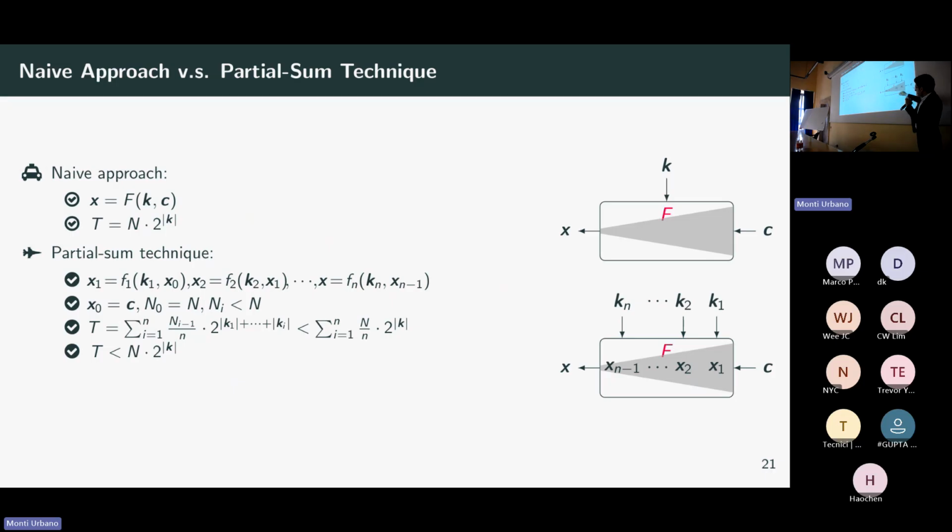If you start from the ciphertext, you do one round of decryption, you go one round deeper into the decryption. The data that you should store and process for the next step becomes smaller and smaller because of the nature of the propagation of a property in the recovery. If you want to retrieve one cell here, the number of cells that are involved gets larger and larger. But if you want to move backward, the number of cells that you should process gets smaller and smaller. This is the idea of the partial sum technique.